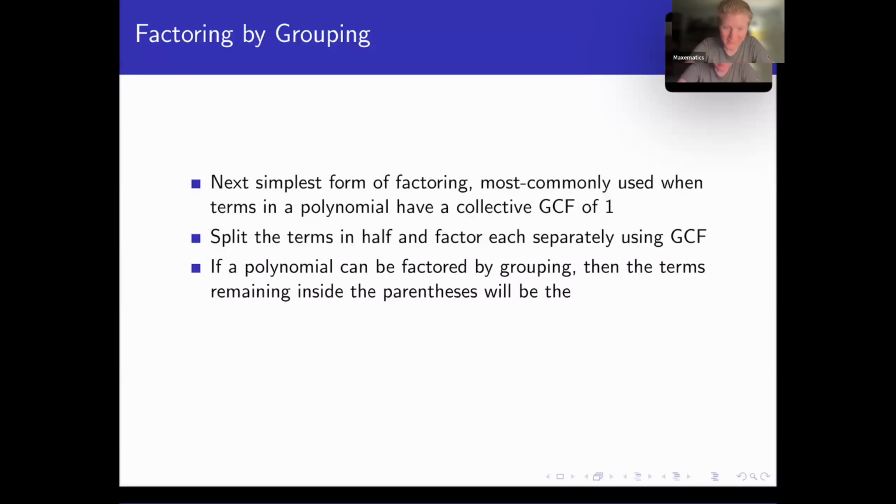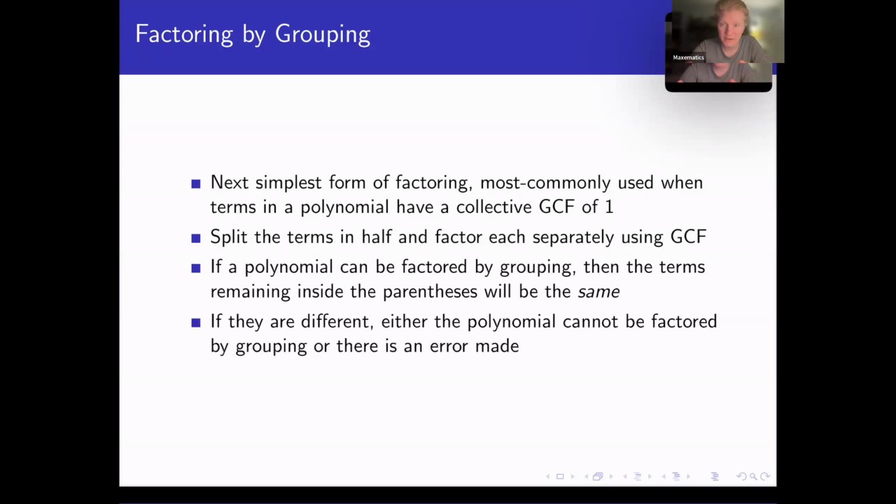Well, if a polynomial can be factored by grouping, then the terms remaining inside our parentheses after taking out a GCF will be the same. If they're different, then either your polynomial can't be factored by grouping, which happens plenty of times, or you made some kind of error.